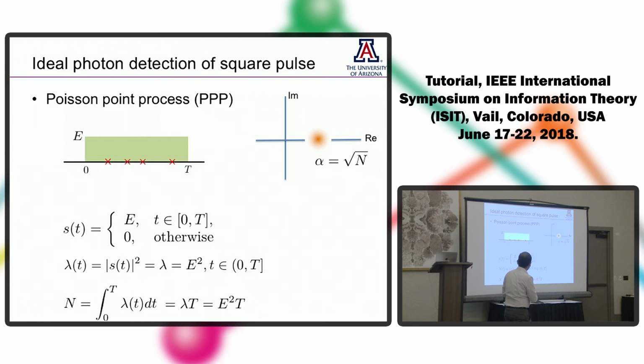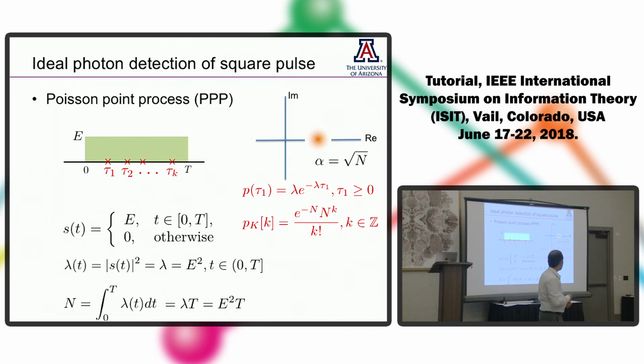Now these are the actual click arrival events. They are a random process. It's a Poisson point process, and some nice properties of the Poisson point process are that the inter-arrival times are exponentially distributed, and they are independent events.